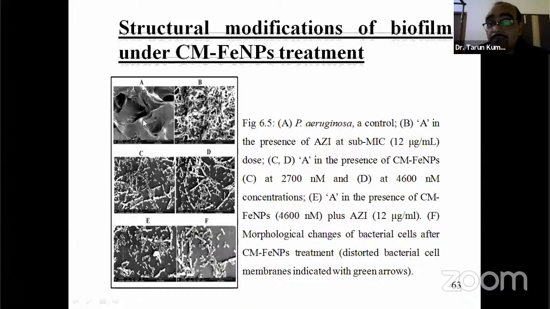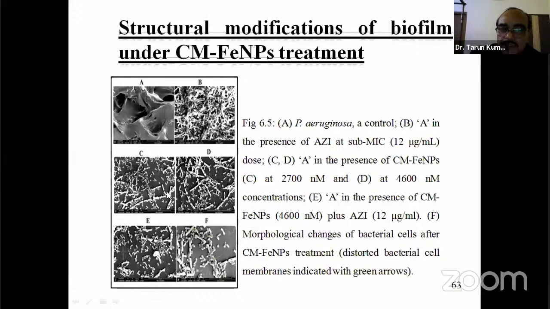Under this blanket, the bacteria are very active. If you treat here with azithromycin, that is the B1, we have treated with azithromycin. You see some little effect is there, but it cannot expose the bacteria. But we used iron nanoparticles made by green synthesis, and you see with the increase of concentration, now it destroyed the biofilm.